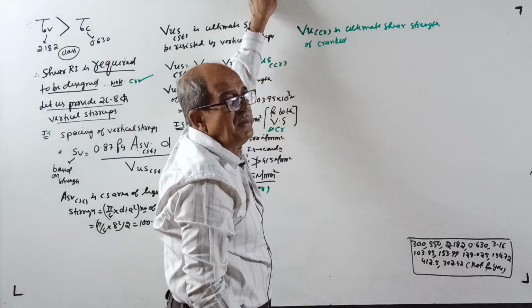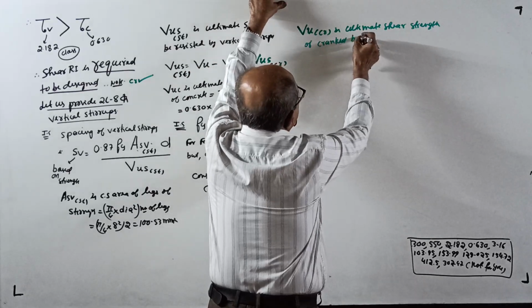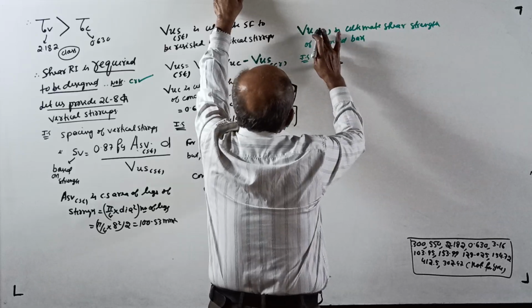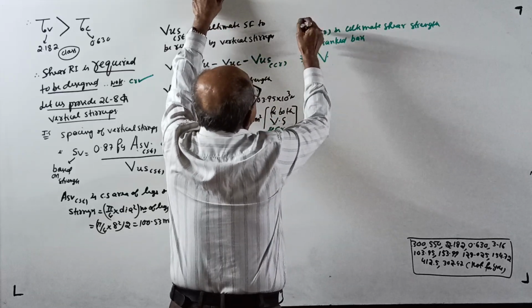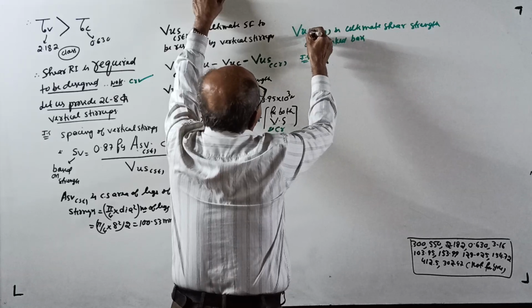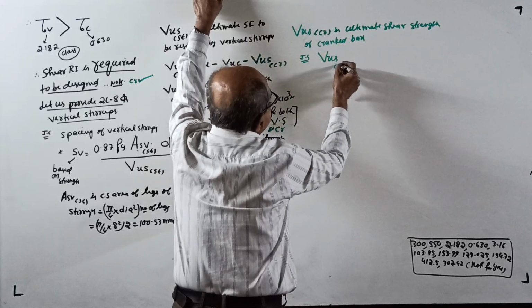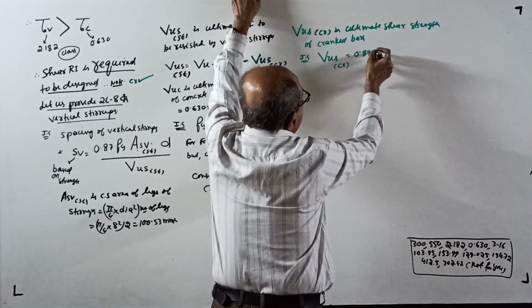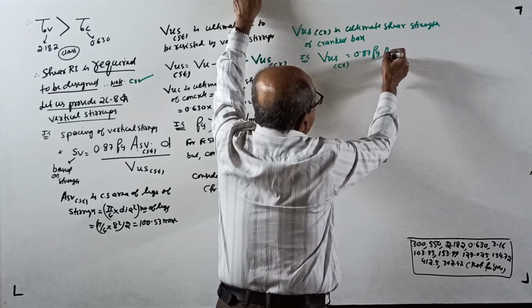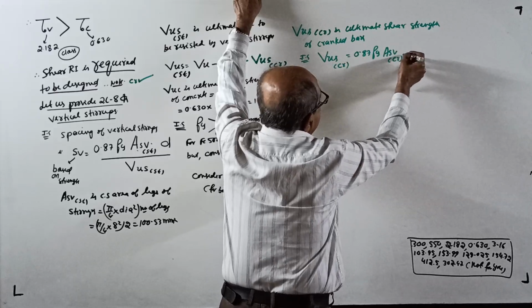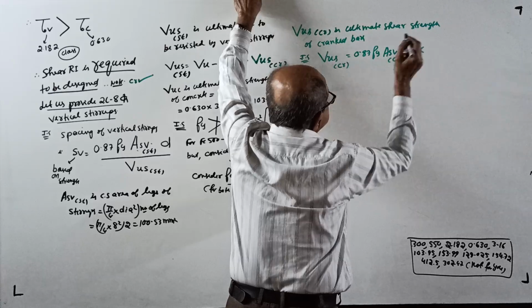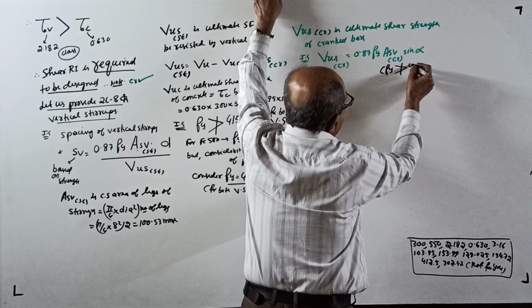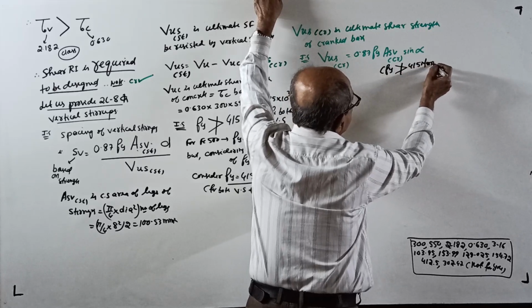Either cranked bars or bent up bars or inclined bars. IS code, they told VUSCR equal to 0.87 Fy into ASV for cranked bar into sin alpha. Again the condition: Fy not to be taken more than 415 Newton per mm square.